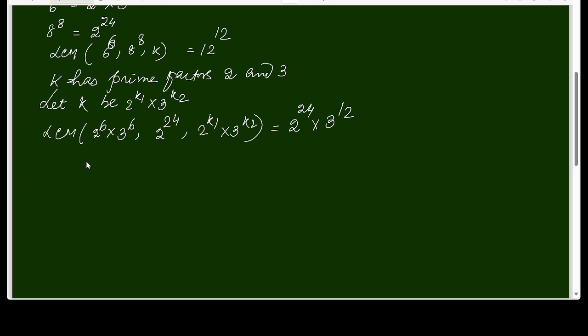So now you will compare the powers of 3. Here on the left side I'm getting 3 power 6 and 3 power k2. Its LCM equals 3 power 12. That means k2 equals 12.